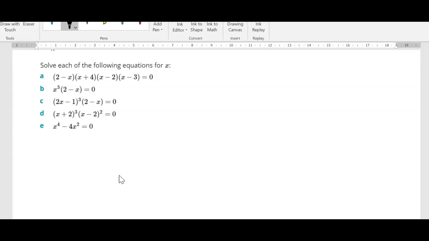So for the first one, for question A, it's just like you would when you have a factorized quadratic, all right? Each bracket is equal to 0. So we're going to have 2 minus x equals 0, and x plus 4 equals 0, and x minus 2 equals 0, and x minus 3 equals 0.